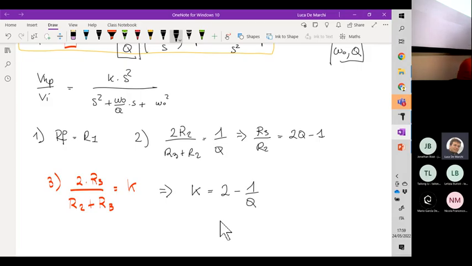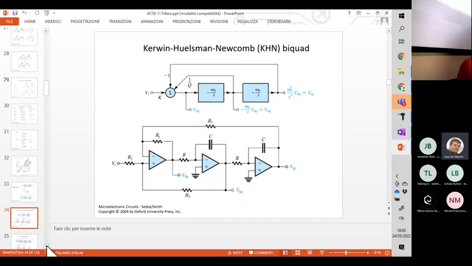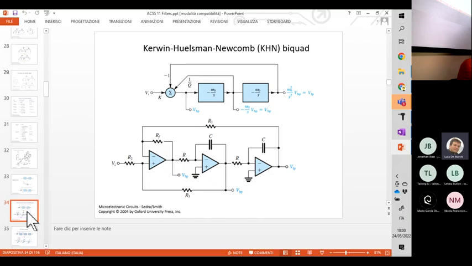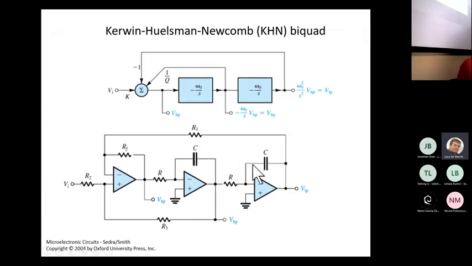So we have completed the analysis of the KHN biquad. What is interesting is that by properly combining all these terms, you get in one configuration the low pass, band pass, and high pass filtering effects.